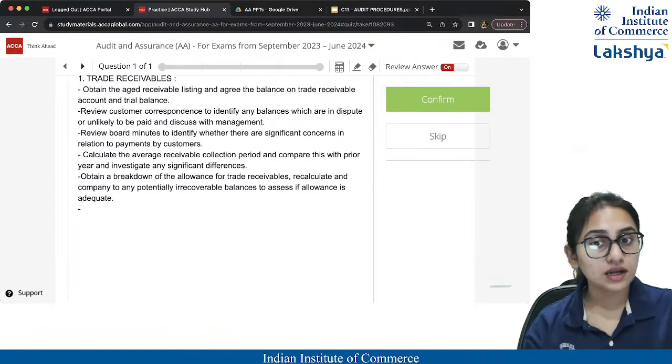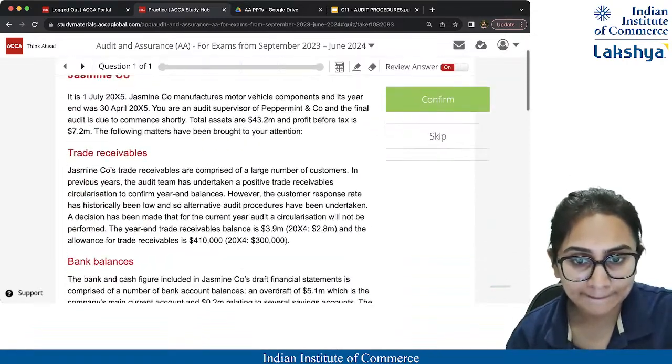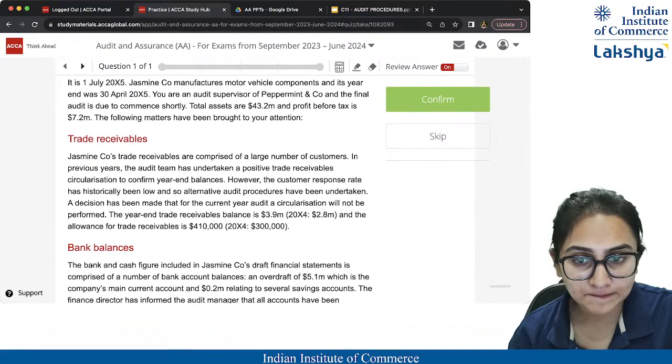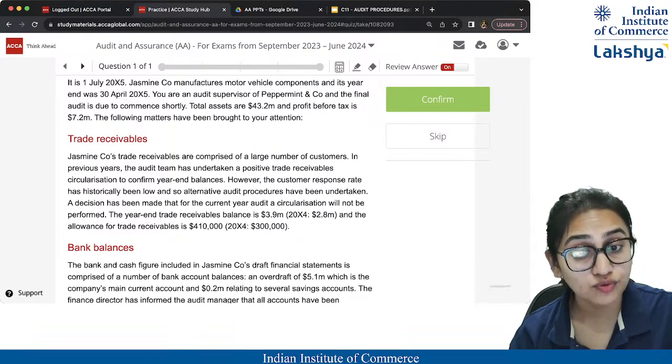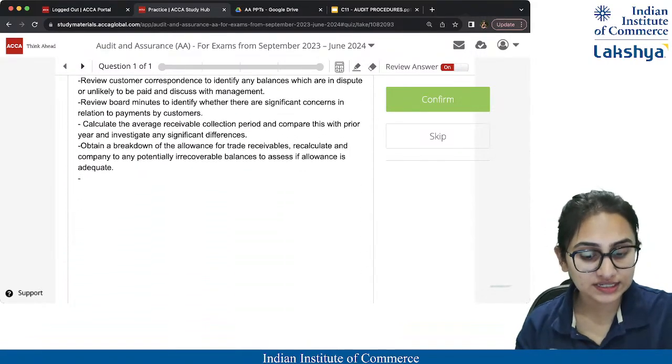Because last year the allowance was 3 lakh, this year it is 4 lakh 10. So is 4 lakh 10 perfect or you require more? That depends on the credit sales, right?